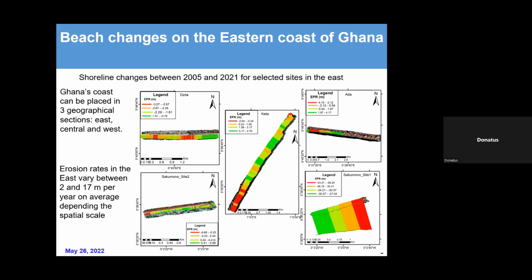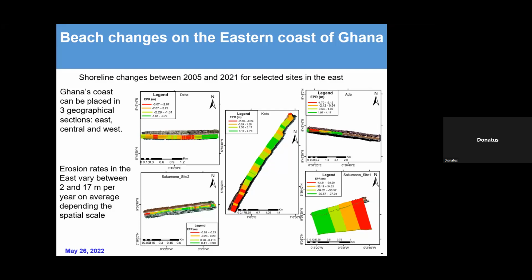Next slide. Okay, so the coastline of Ghana has been divided into three sections based on geography and geomorphology: eastern, western, and central. The eastern section has always been regarded as the most eroded based on results from researchers.